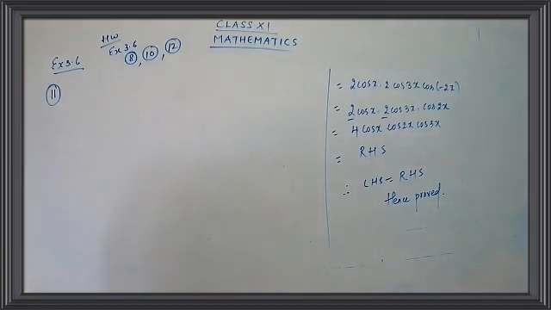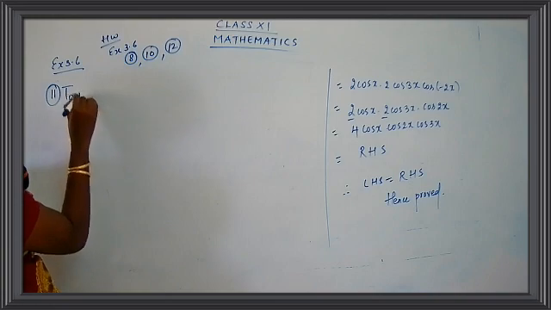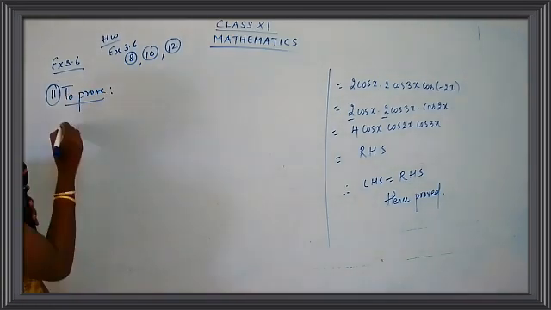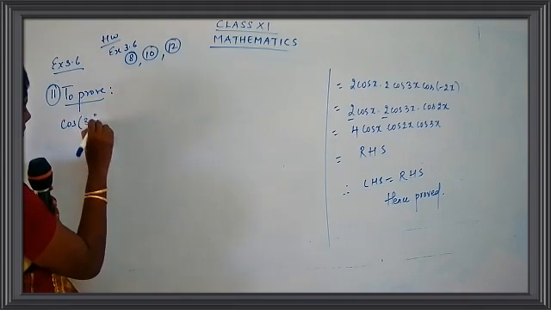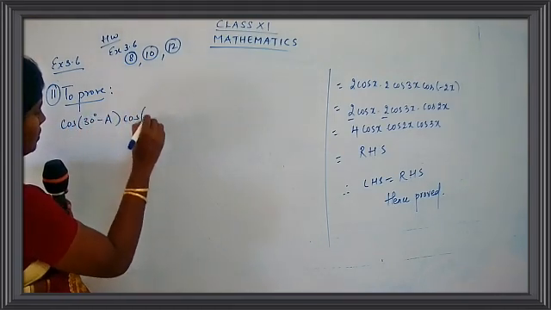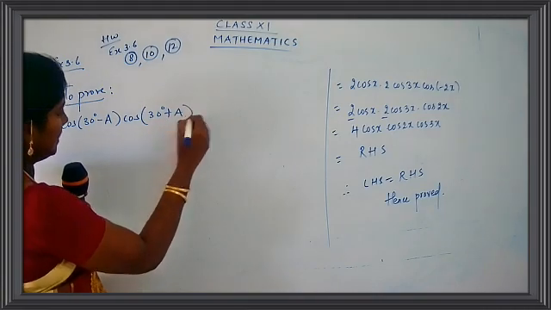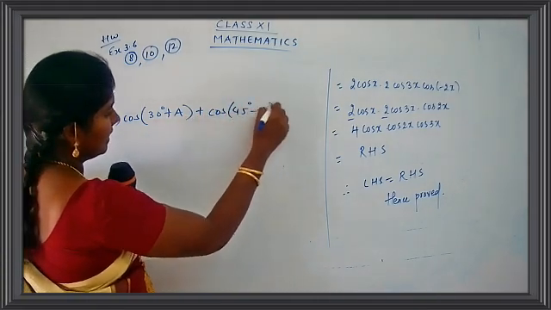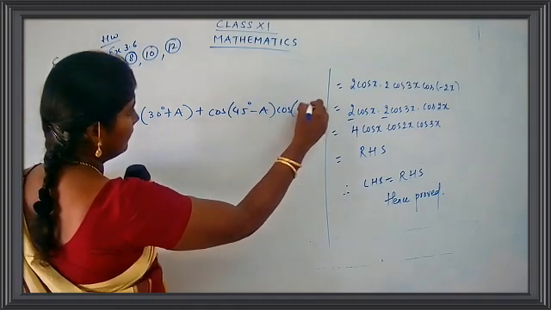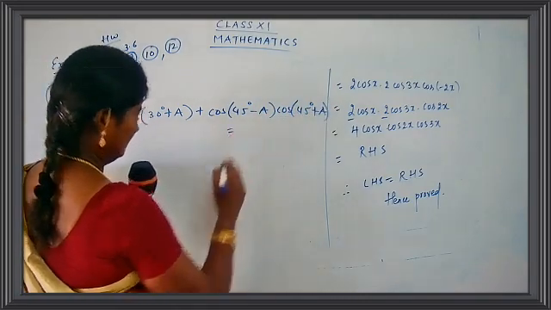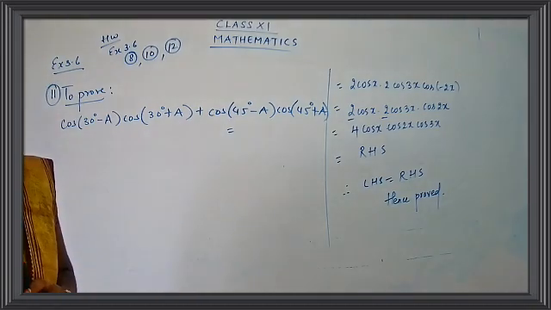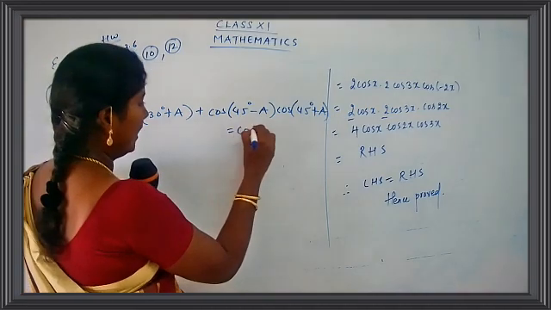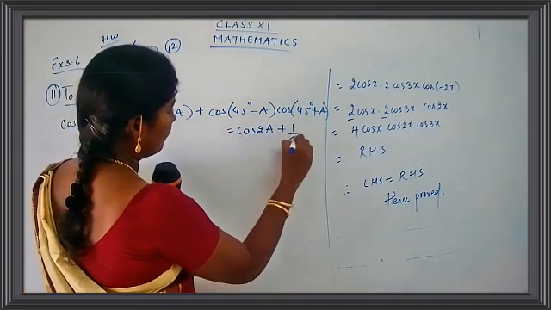Write down to prove. I'll start from to prove. To prove cos of 30 degree minus a cos of 30 degree plus a plus cos of 45 degree minus a cos of 45 degree plus a is equal to (cos 2a plus 1) by 4.